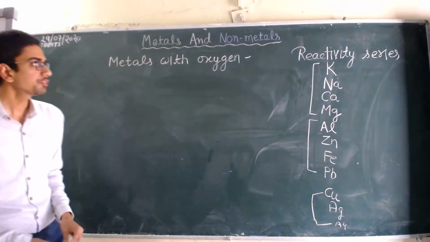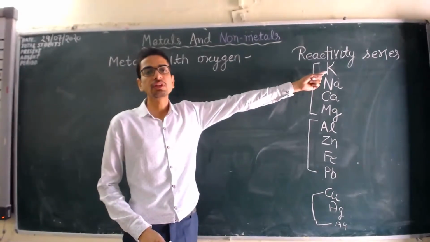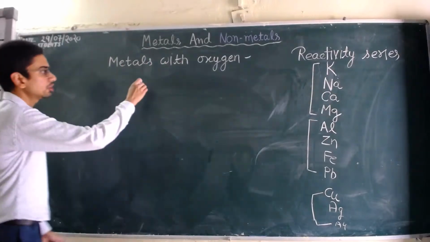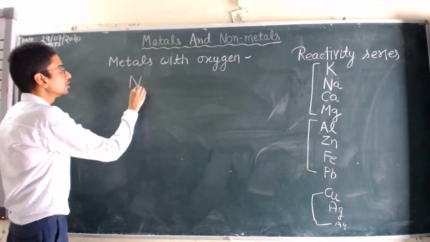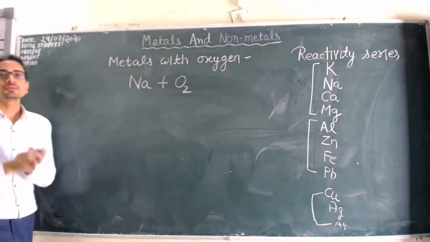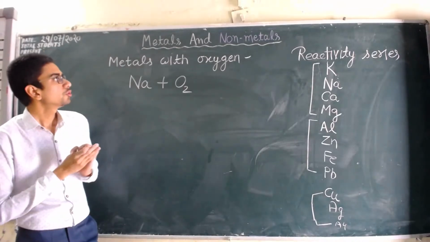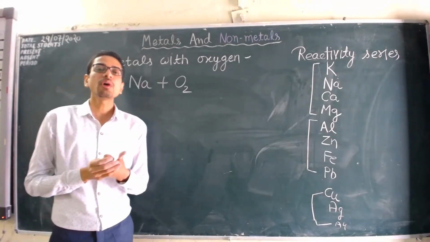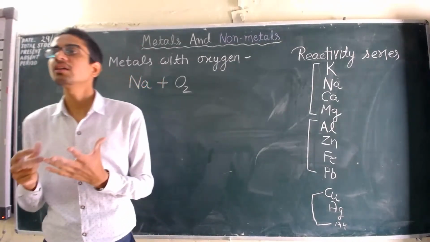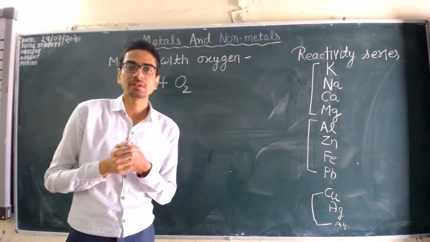So we will study reaction of potassium with oxygen. Reaction of potassium or sodium. We take sodium with oxygen. You know that potassium and sodium are very highly reactive. So for burning, they do not require heat. किसी भी चीज को आप burn करते हो तो आपको थोड़ी सी heat चाहिए, heat plus oxygen.